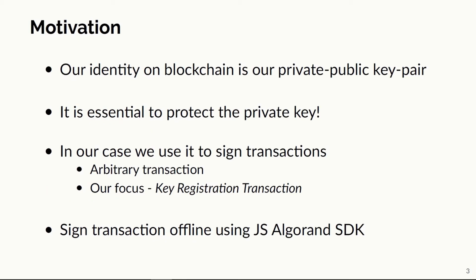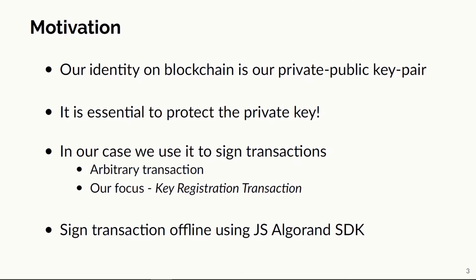So, why do we actually care about this part? As you might have heard, in many blockchain networks, the private and public key pair are the form of our identity. If we want someone to send us tokens or other coins, what we share with them is the public key, which is the address where they know how to contact us.